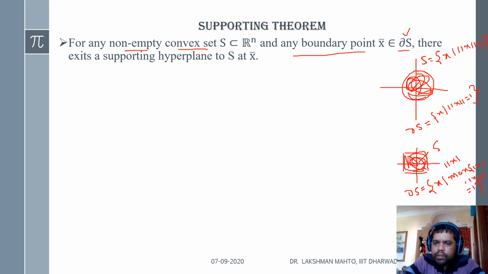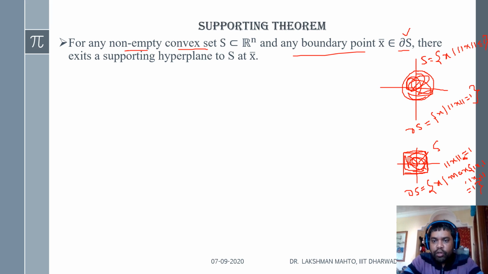That means you are saying that the L infinity norm of x, in short the sup norm, must be equal to 1. So dealing with the boundary is always dealing with equality. So this is the boundary of this square disk.